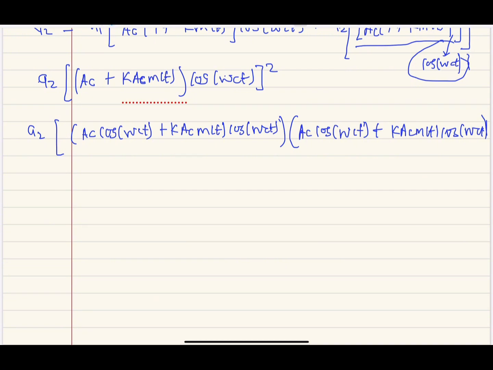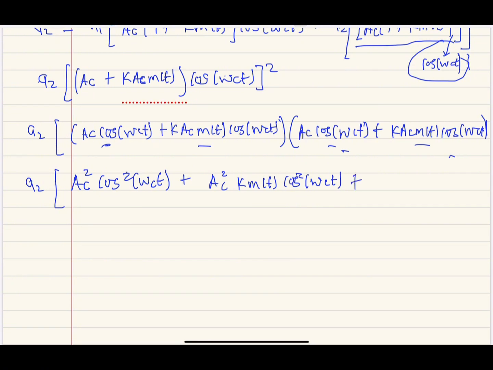Now let's try to multiply them through. In doing this, we are going to get A2 AC squared cos squared omega ct plus AC squared K m of t cos squared omega ct, because I'm using this one to multiply this and this, and now I pick this and multiply this and this, then plus AC squared K m of t cos squared omega ct, plus the last one, this one and this one, will give us K squared AC squared m squared of t cos squared omega ct.